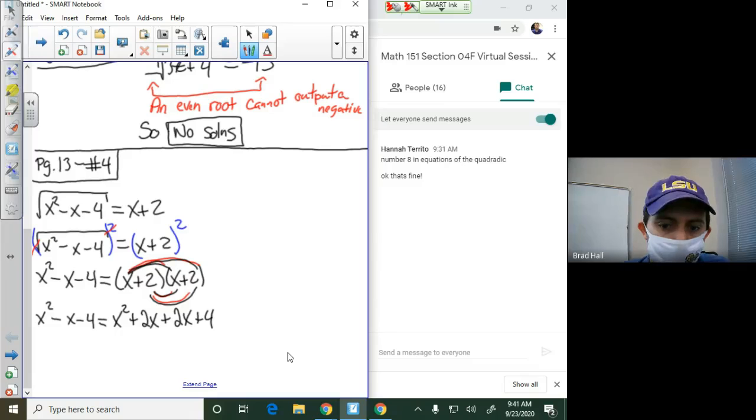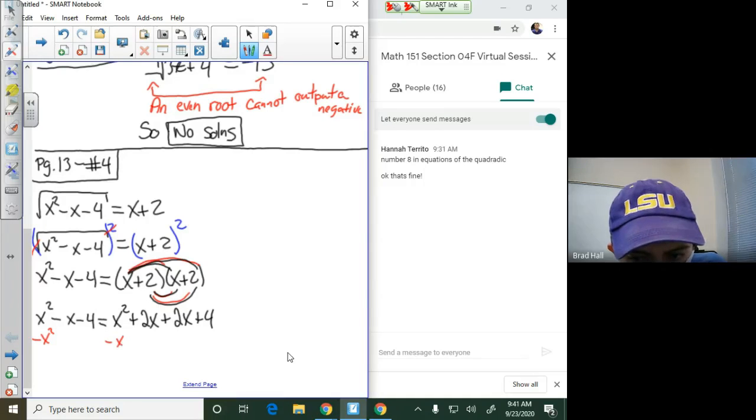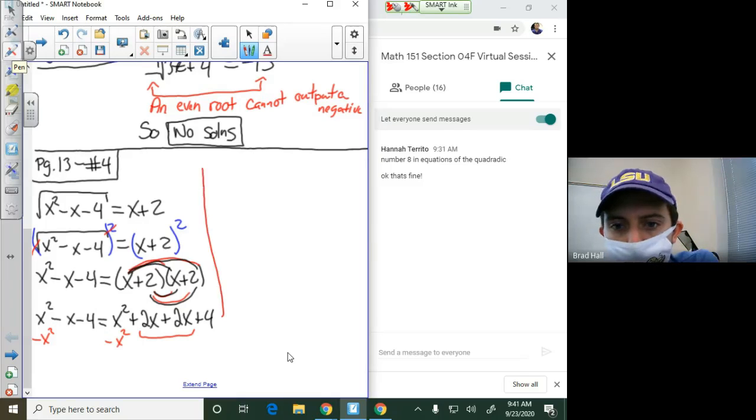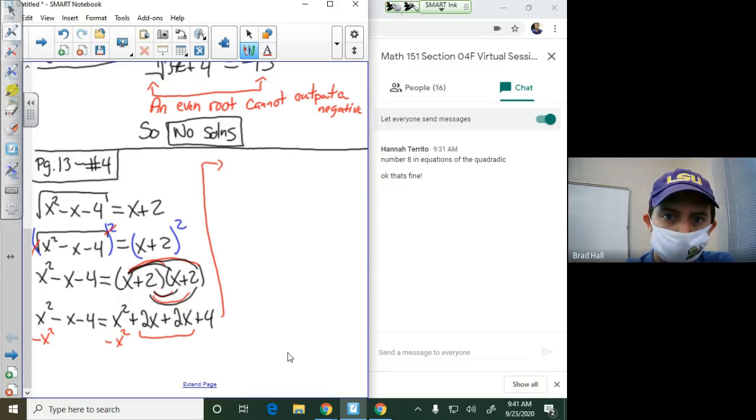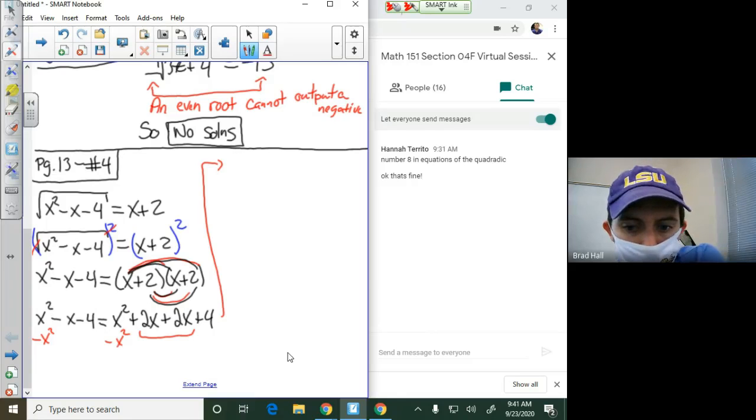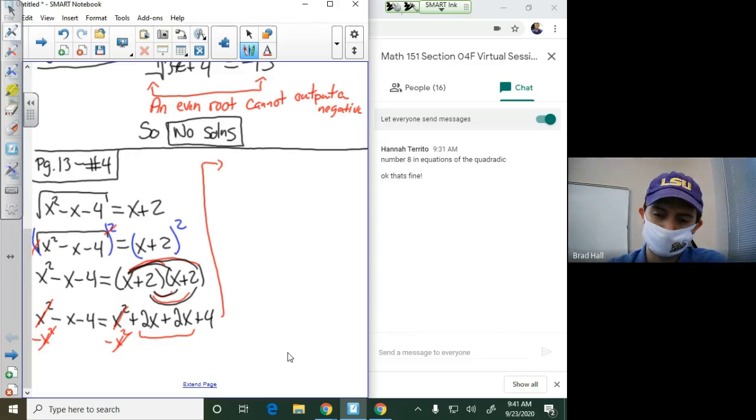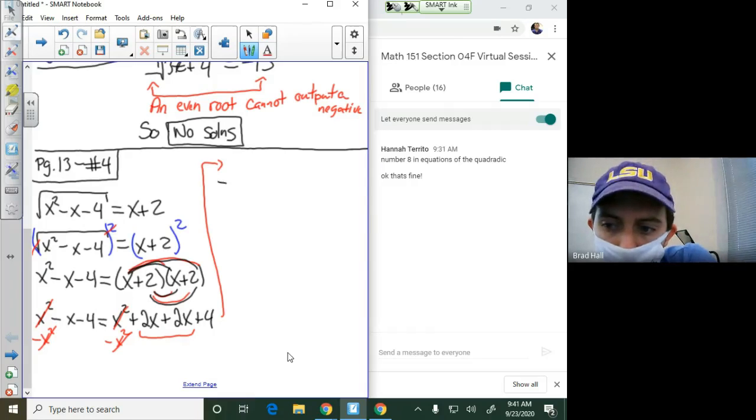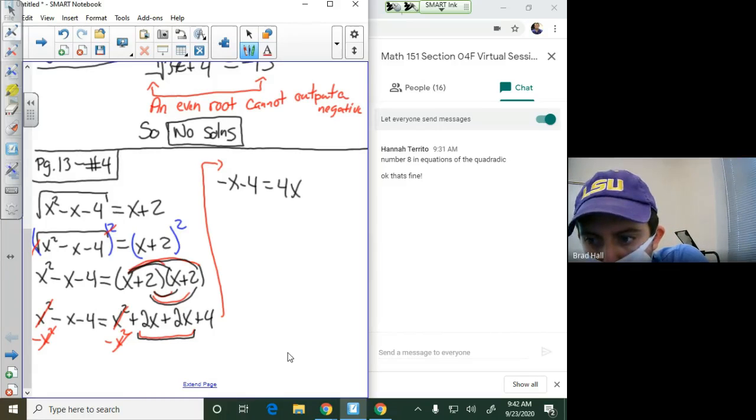We can go ahead and subtract x squared on both sides. And we can simultaneously go ahead and combine these two x's together. So we'll do two things at once here. So the x squareds all cancel. And we're left with negative x minus 4 is equal to 2x plus 2x, that's 4x plus 4.